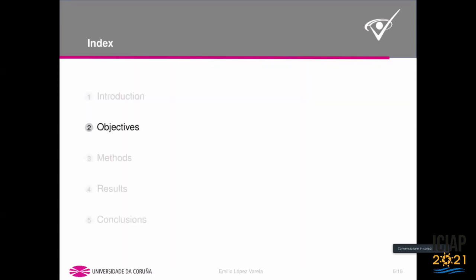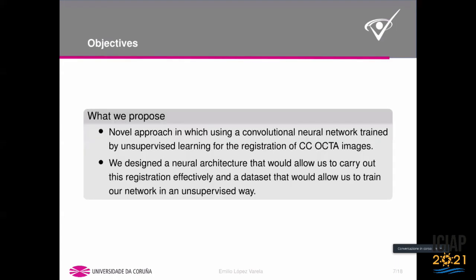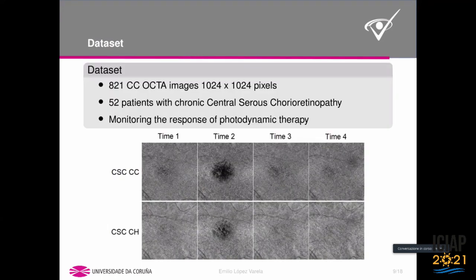So, taking all these factors into account, and to be able to compare images obtained at different time instances, we propose an approach to perform this deformable registration. Our approach is based on using a convolutional neural network trained in an unsupervised manner. To train the network and solve this registration, we use a dataset from a previous clinical study, where 52 patients with central serous chorioretinopathy were followed up during a laser treatment.